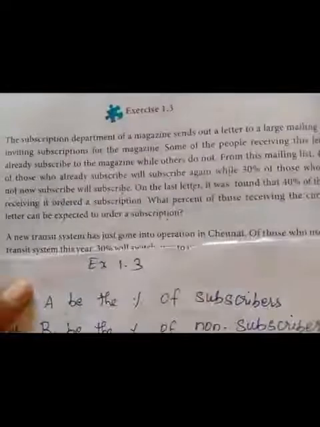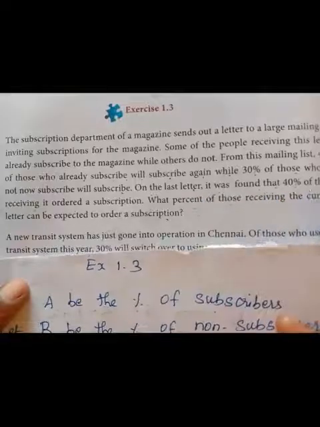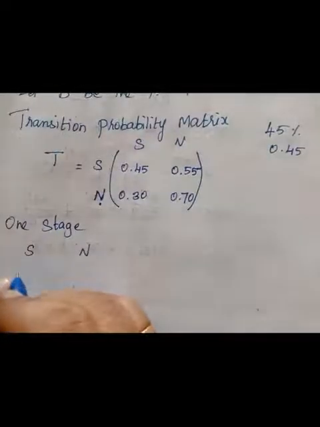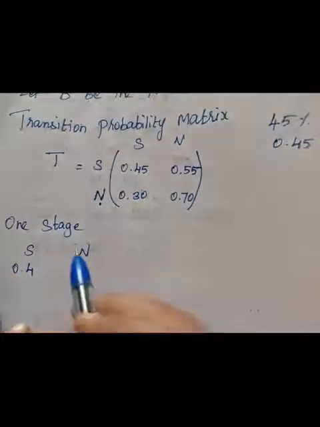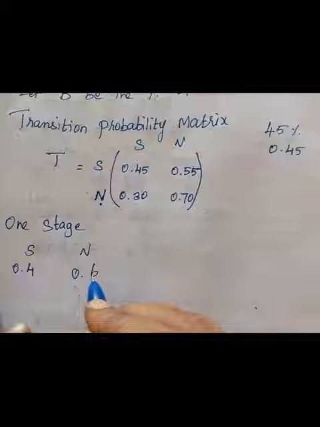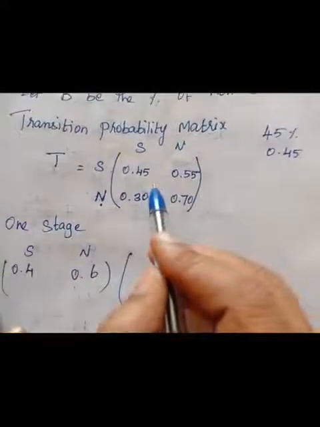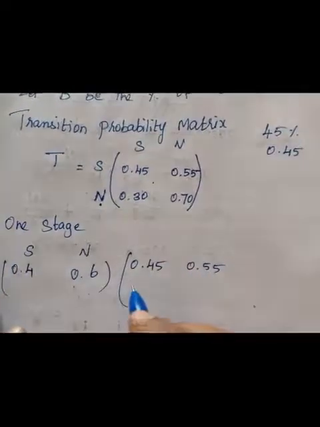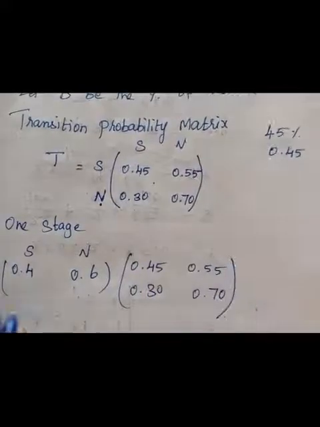Totally, they said on the last letter 40% of those receiving it ordered a subscription. The 40% means 0.4, so non-subscriber is 0.6. So with this transition you write 0.45, 0.55, 0.30, 0.70.